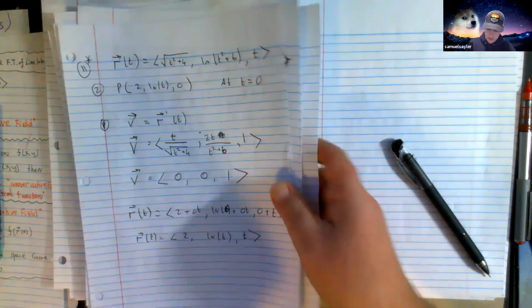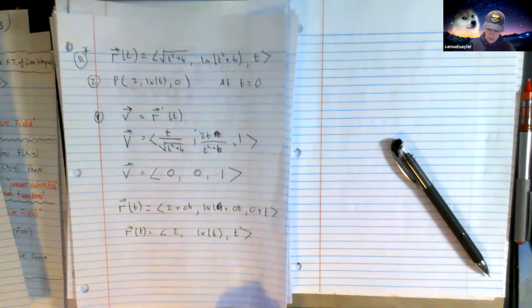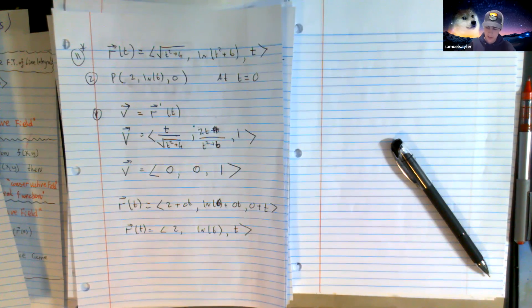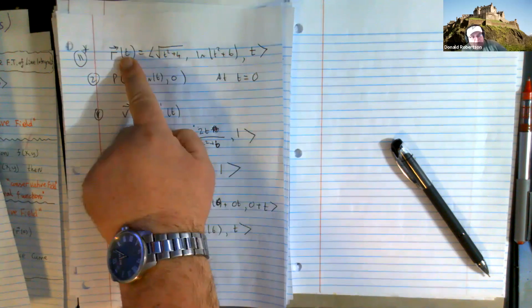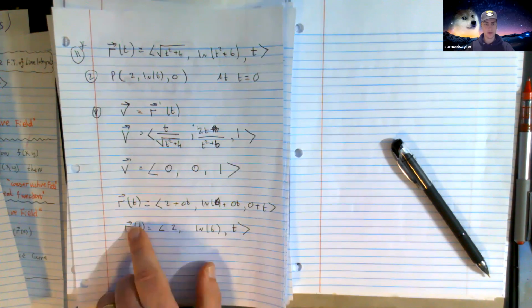Yes, and yeah. Keep talking, I'm listening. So my question isn't necessarily how to solve the work, it was about the notation you used. At the very beginning, we're given a vector equation, R of t. And at the very end, we found another equation.